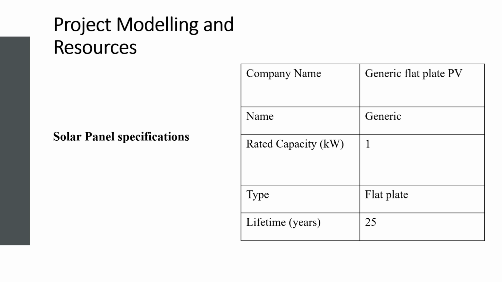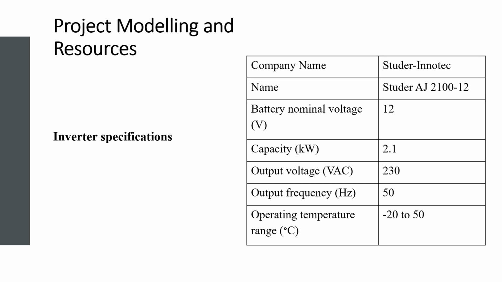The solar panel specification is a rated capacity of 1 kilowatt, flat type, with a lifetime of 25 years, and it's from a reputed company. It's a generic flat plate PV. And this is the inverter specification that we used for our solar panels, from Strutter Innotech. Battery nominal voltage is 12 volts, capacity is 2.1 kilowatt, and output voltage is 230. Output frequency is 50 hertz, and the operating temperature ranges from minus 20 to 50 degrees Celsius.